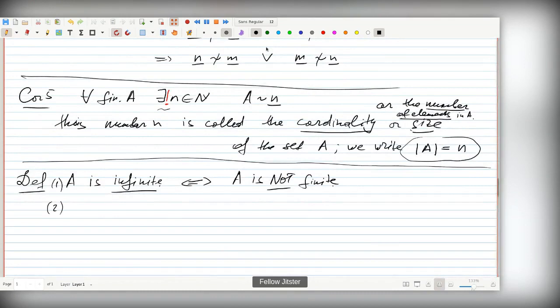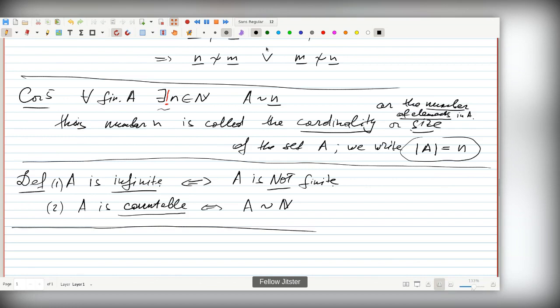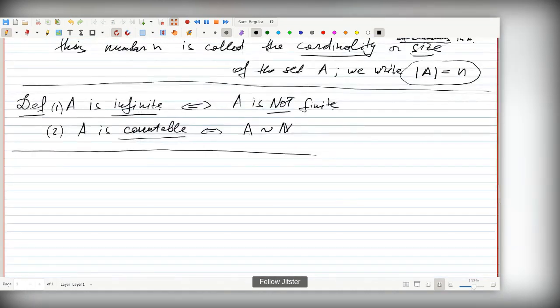And another definition: A is called countable, from the word to count. It is called countable if and only if A is equivalent to the set of naturals. In a sense, countable sets like that of naturals will be the least infinite sets. We shall discuss it later. So infinite is just not finite. Countable means equivalent to the naturals. Okay.